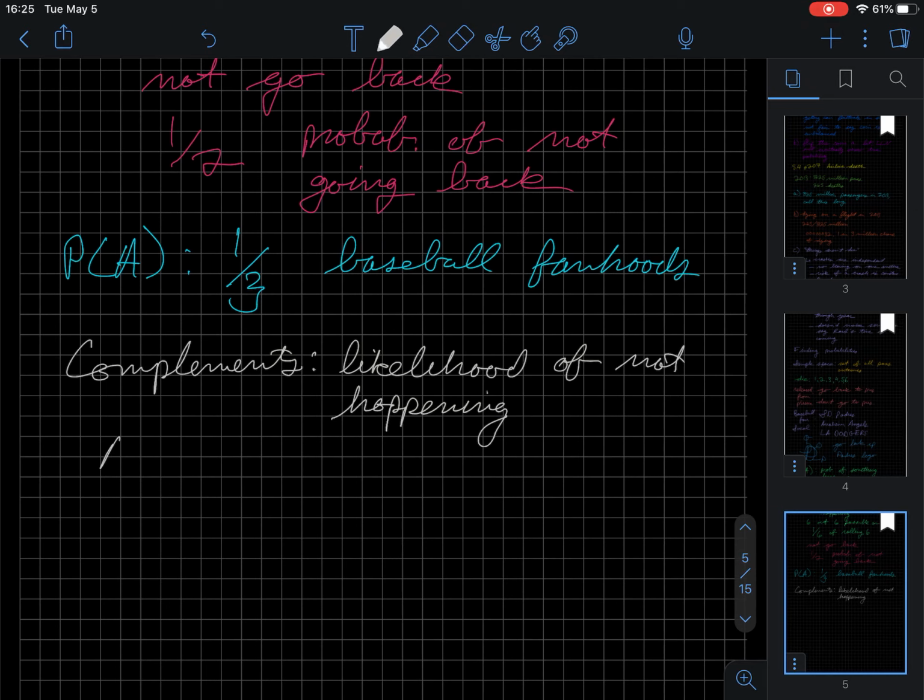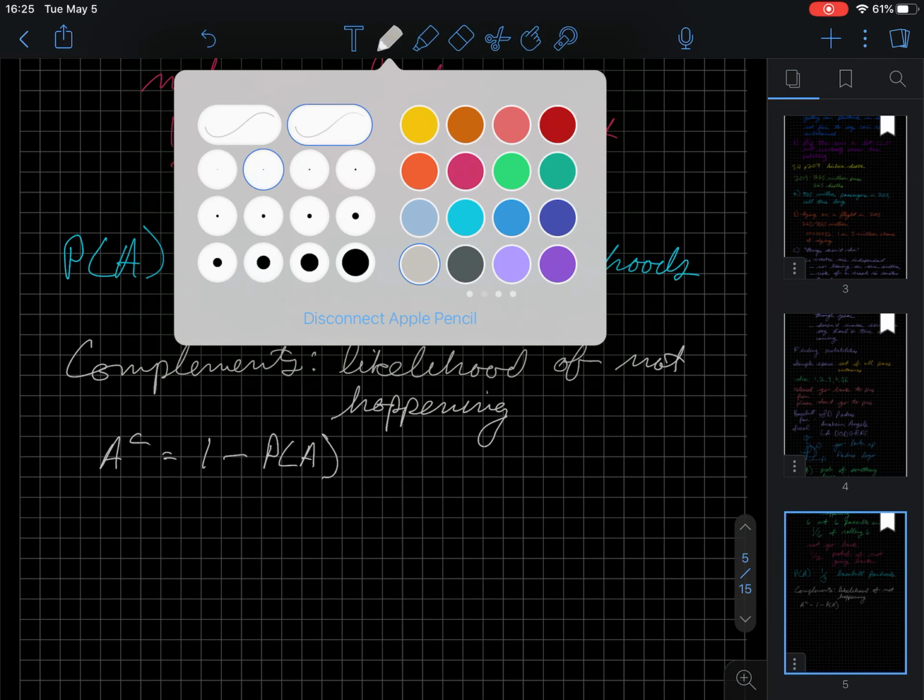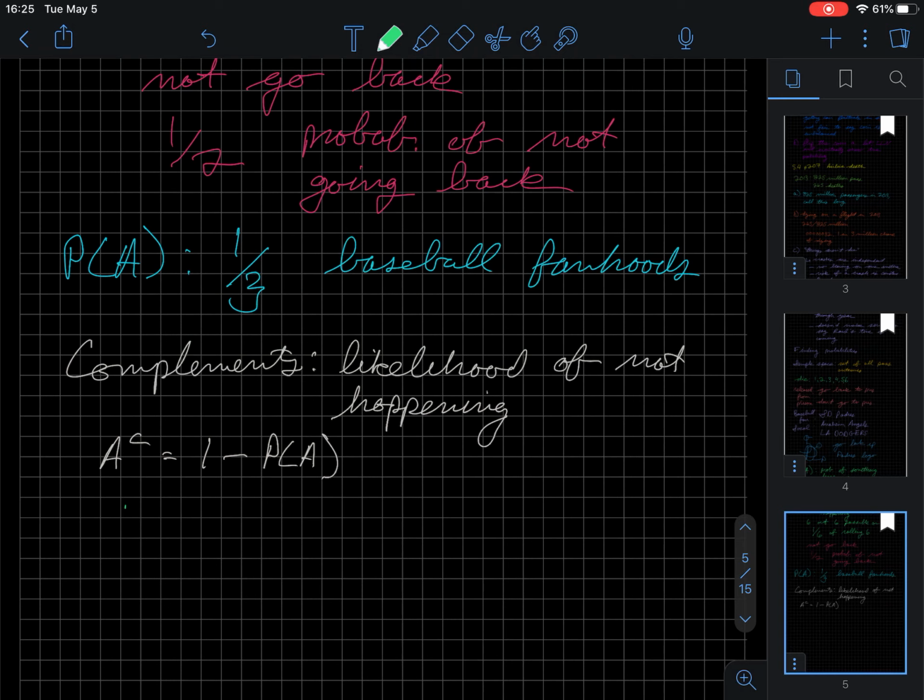We usually write this as A^C, and this is equal to 1 minus the probability of some outcome occurring. So if we look at our dice roll example, we were looking at a 6, so the complement of that is equal to 5 out of 6, because there are 5 different rolls and numbers that can get called.